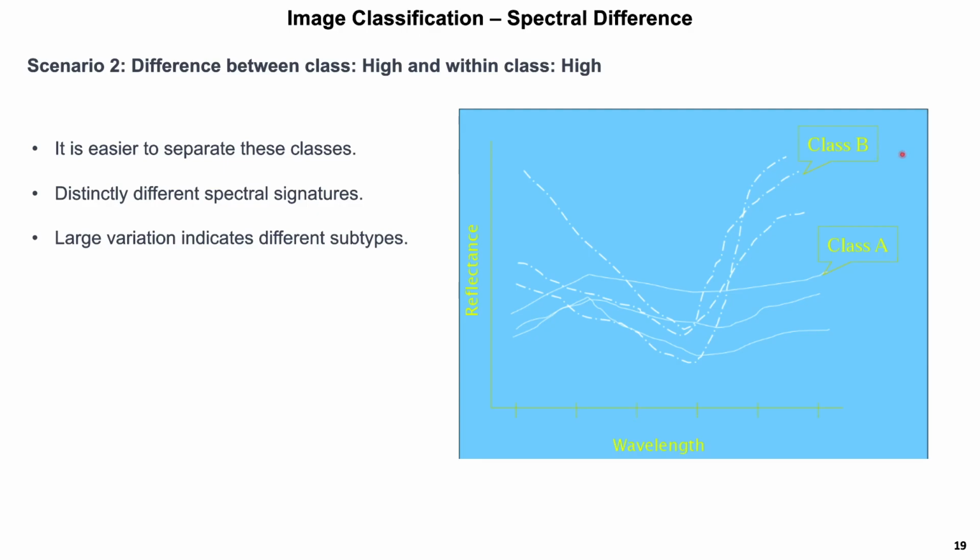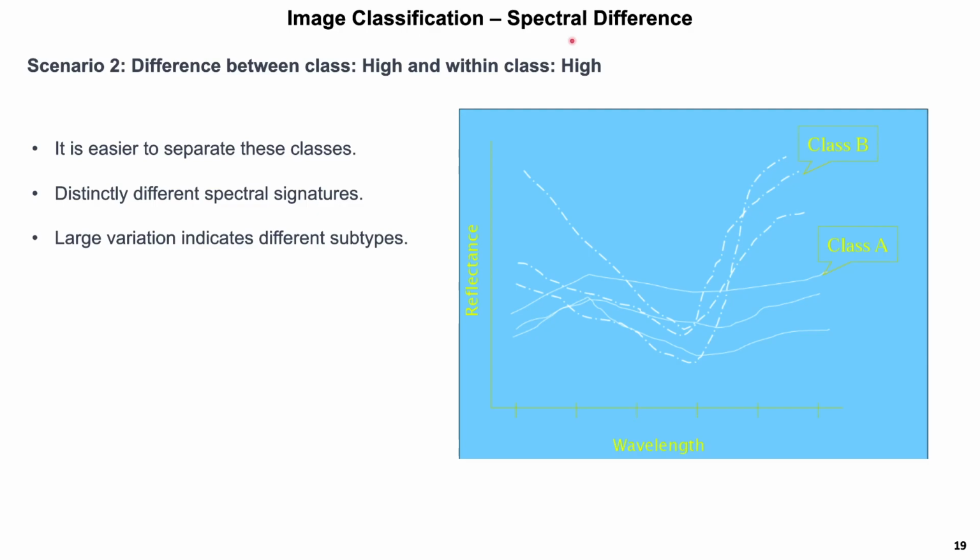So as you were saying, the difference is very high. Difference in the sense of the spectral difference. I think in the lectures the Euclidean distance terminology was there, if you remember, and parallelepiped classification, that is another algorithm. You remember that? Yes, yes.